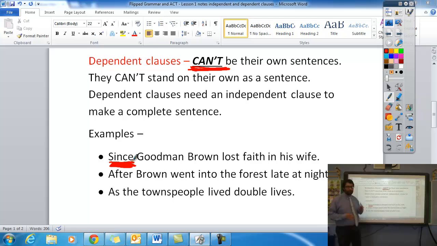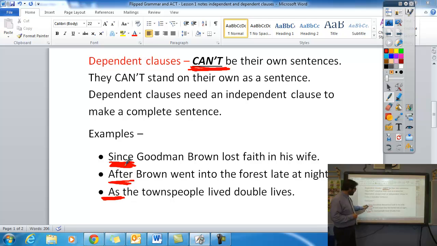So again, to reiterate, dependent clauses have a subject and a verb, but because of these subordinating conjunctions, they're not complete thoughts. So they can't be their own sentences. We've got independent clauses, which can stand on their own, and dependent clauses, which can't stand on their own.